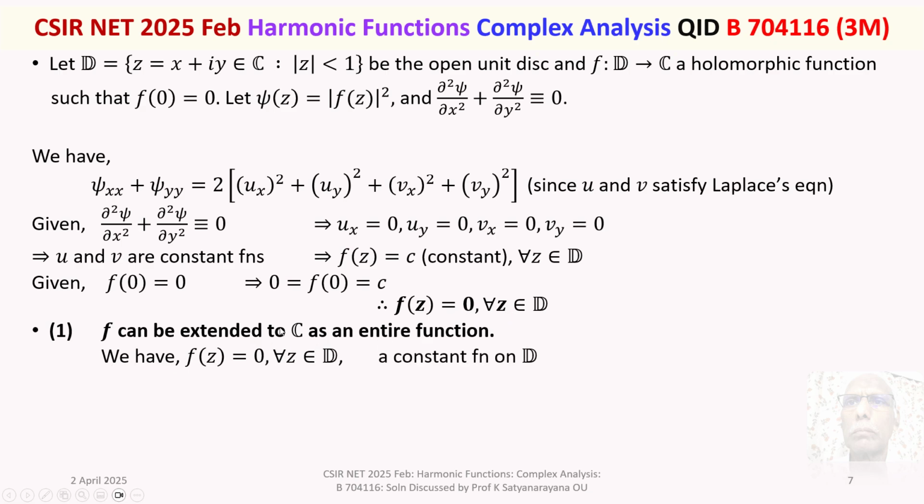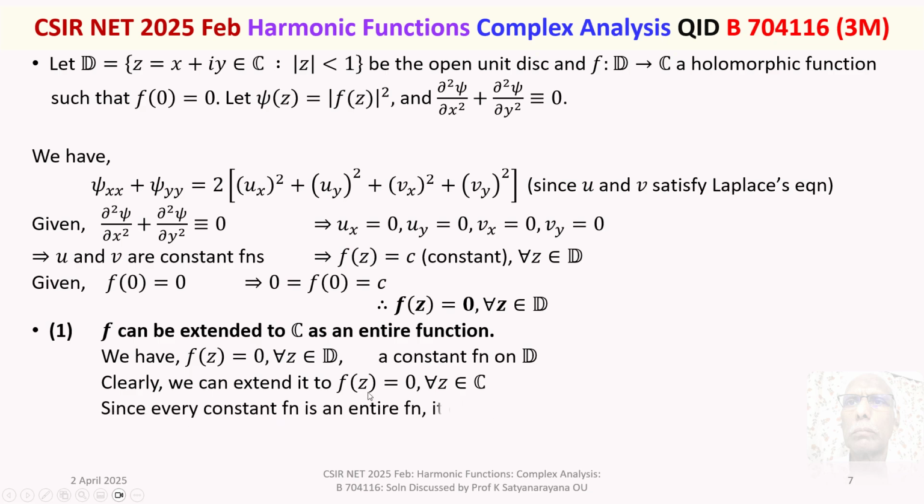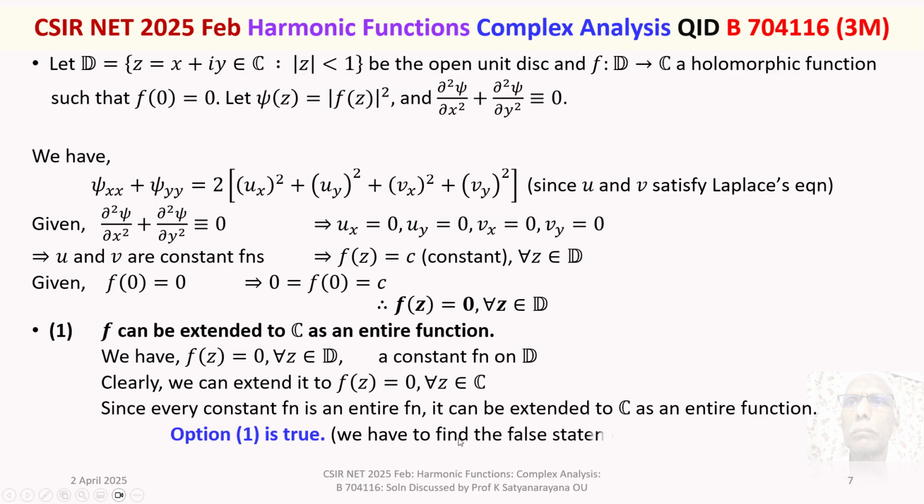We have f(z) = 0 for all z belongs to D, a constant function on D. Clearly, we can extend it to f(z) = 0 for all z belongs to C. Since f(z) = 0 is a constant function, and every constant function is an entire function, thus it can be extended to C as an entire function. Thus, option 1 is true, but we have to find that statement which is a false statement.